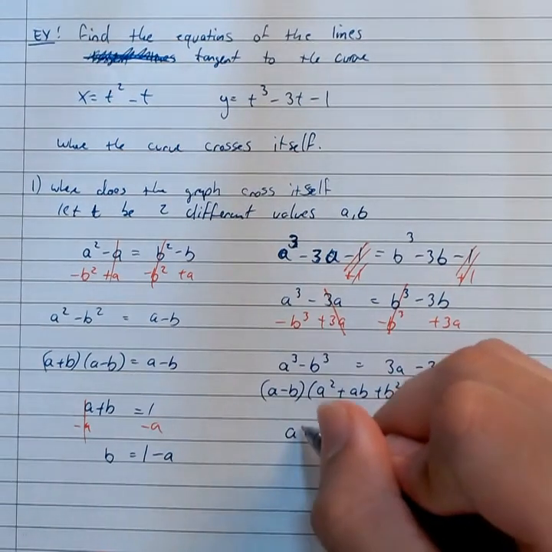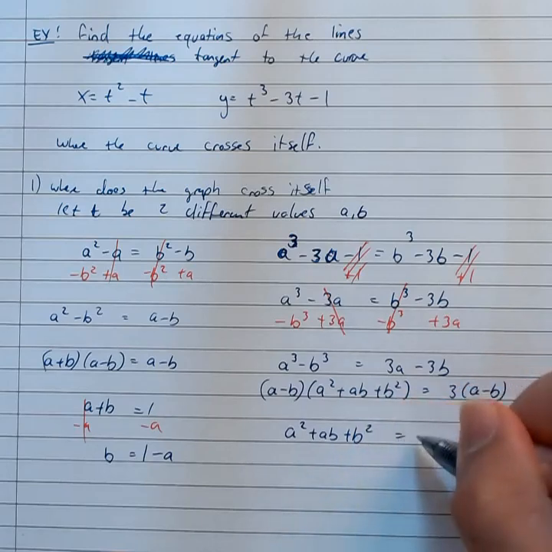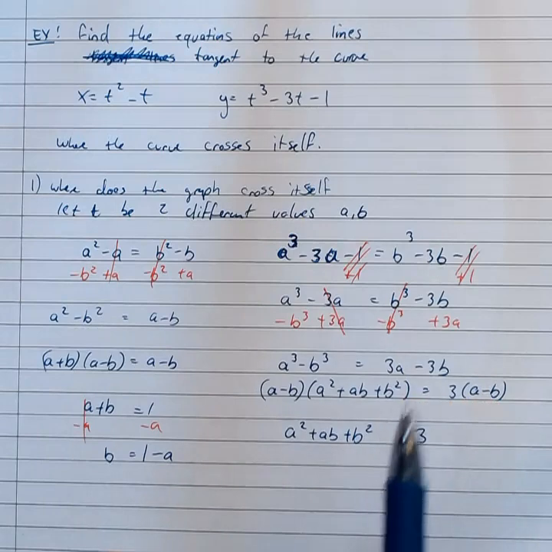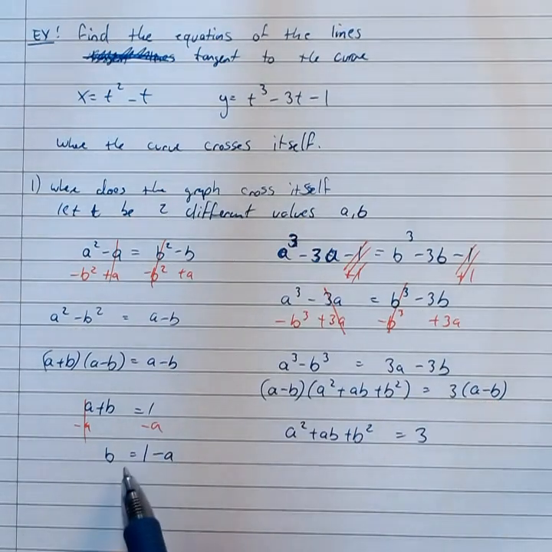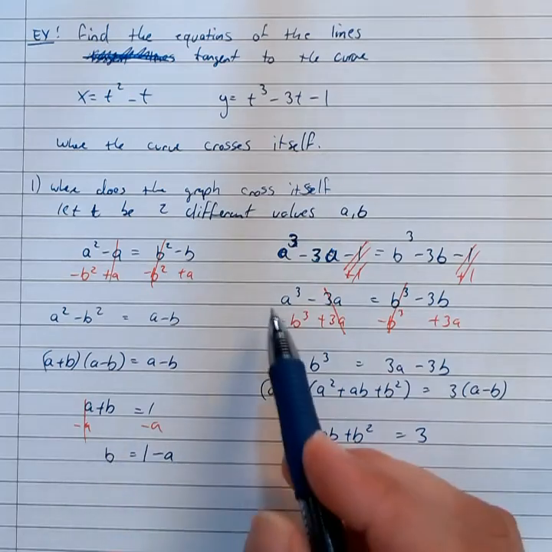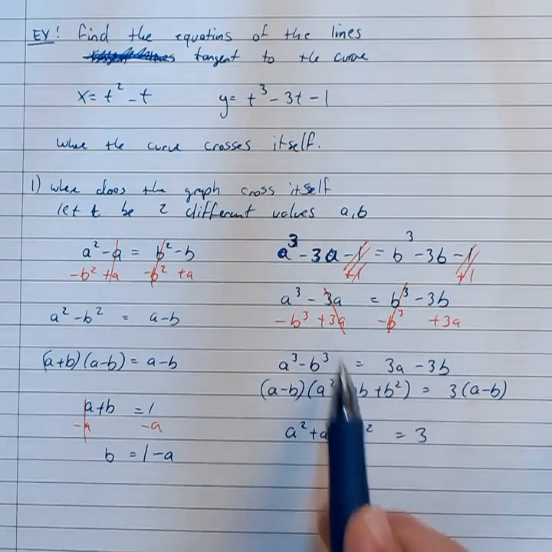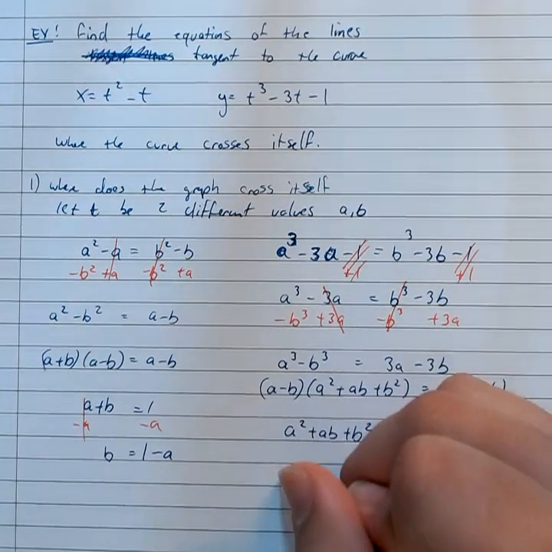So a squared plus ab plus b squared is equal to 3. Now we have a quadratic, which is much smaller than a cubic, so we can plug in there. If you want, you can always plug b equals 1 minus a in at the beginning, but that's a lot more work, whereas here, one extra step brings down the power and requires a lot less work.